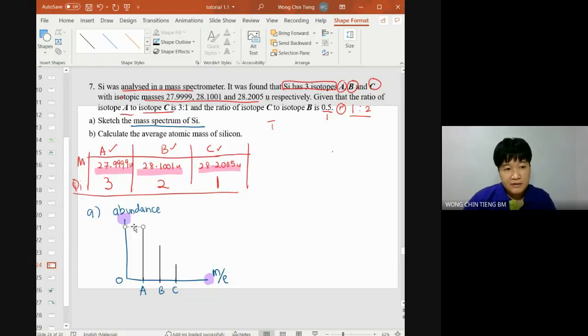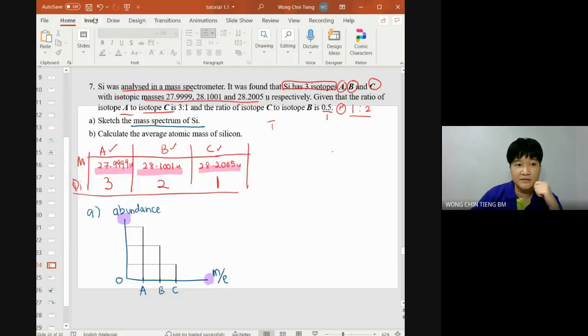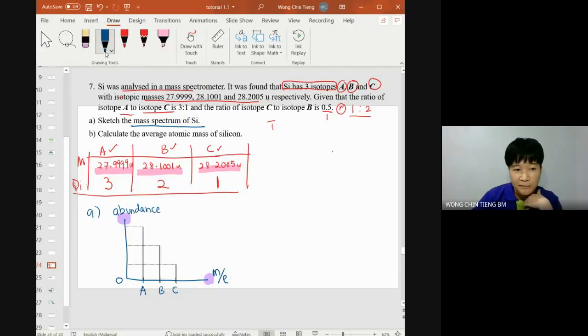Dashes line, kita kena extrapolate and kita kena letak benda tu, mass tu. Okay, same thing over there. So you can see the height over there for your abundance are very similar. They make sense, you know. Even though kamu tak perlu ukur dengan apa pun, you still label, that is my 3, that is my 2, that is my 1 for my A, B, and C. Okay?